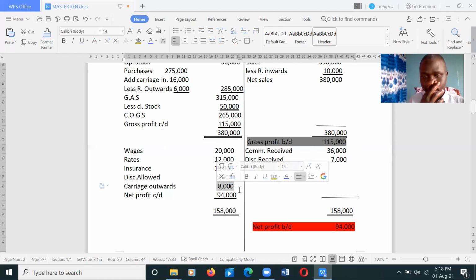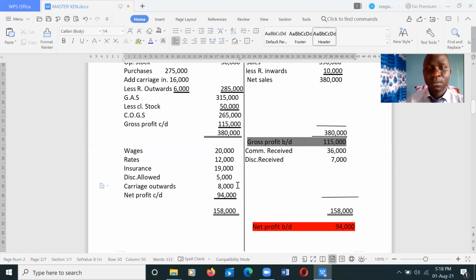What you will get when you add all this: 20,000 plus 12,000 goes to 32,000, plus 19,000, plus 5,000, plus 8,000. That will come to a total of 64,000. So 20,000 plus 12,000 plus 19,000 plus 5,000 plus 8,000 will come to 64,000.